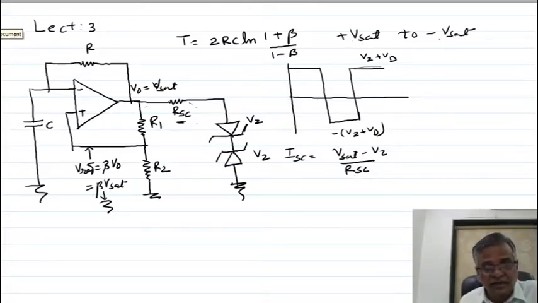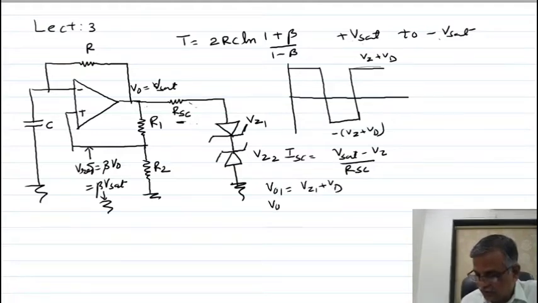Now say I want to get asymmetrical output voltage. If you want to get the asymmetrical output voltage, then you can use different values of the breakdown voltage. If you use a Zener diode of a different value of the breakdown voltage, then output will swing between these two voltage levels V01 and V02.